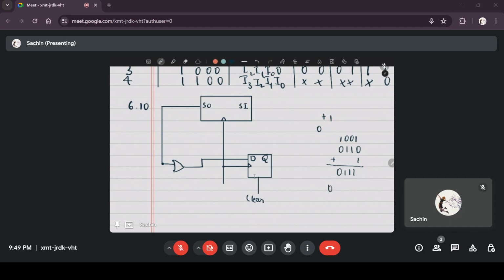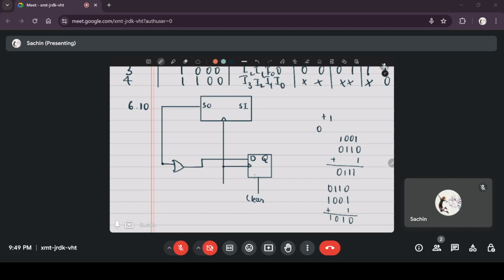Suppose you have the number 0110, complement that, you get 1001. You add a 1 to that, you get 1010. So in both cases, you can notice that the least significant bit is the same in the 2's complement form of the number.